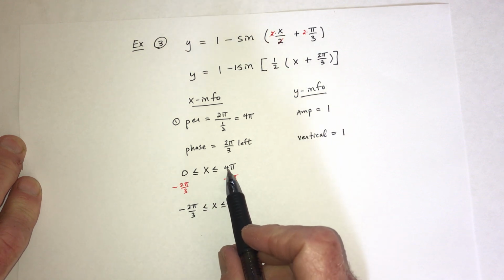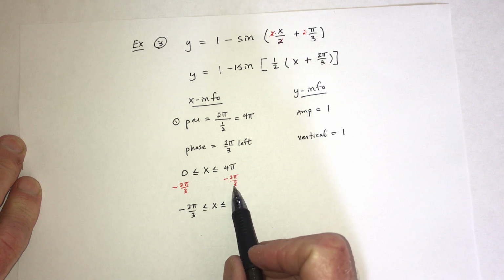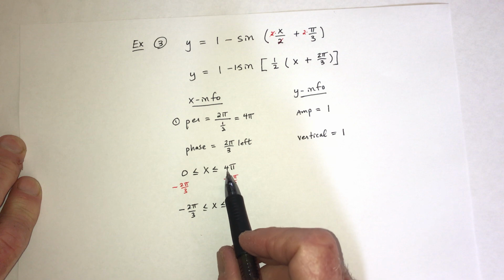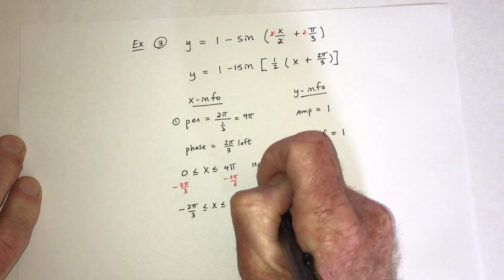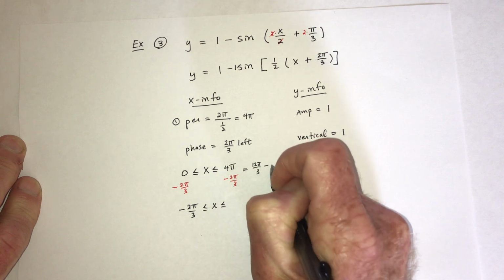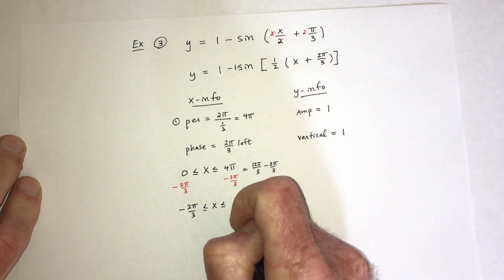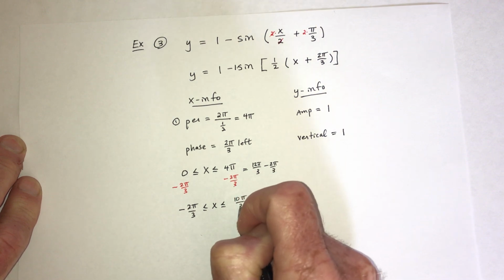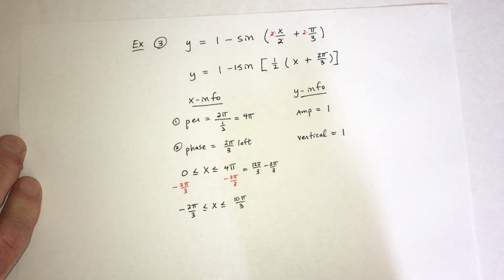And then this will be 4 pi minus 2 pi over 3. The common denominator would be 3. So this needs to be multiplied by 3 over 3. That makes it 12 pi over 3 minus 2 pi over 3. That equals 10 pi over 3. Okay, we're done with the x information.